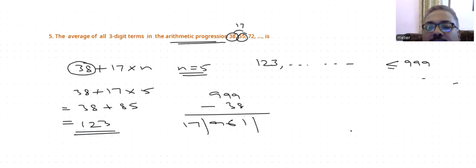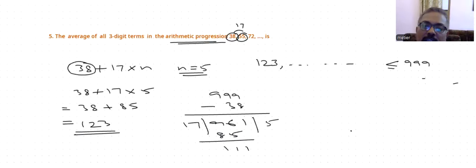So it is coming as 56. So we are getting that we can add 17 56 times, means 123 plus 17 into 56.